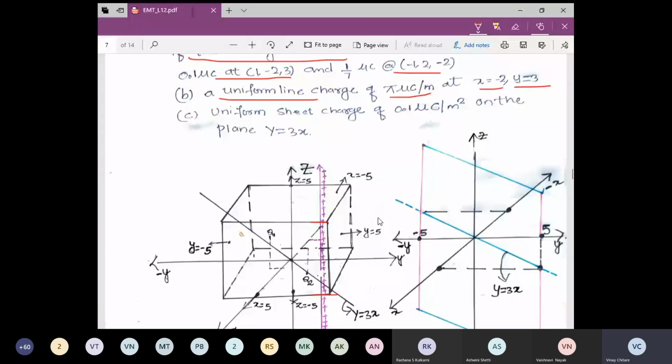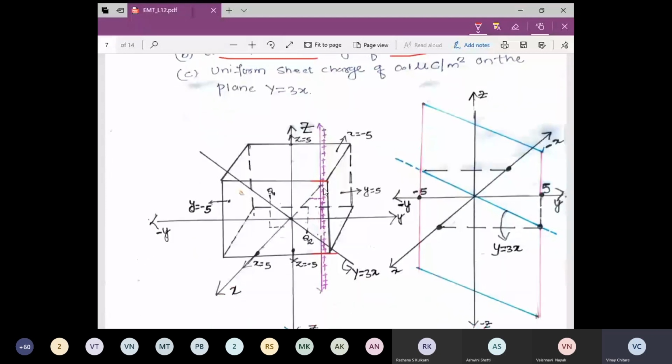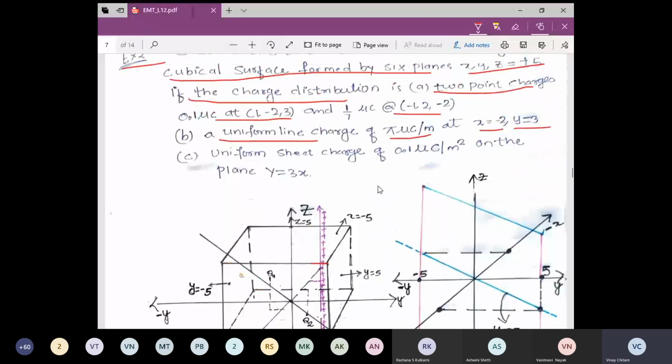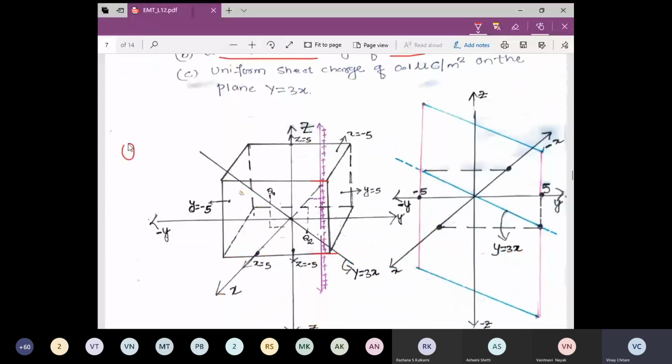It is easily understandable: the length is 10, because z is equal to 5 on the upper part and z equal to -5 on the lower part. Hence the Q enclosed by the line charge is rho L into 10, and the flux leaving that closed surface will be equal to Q enclosed. That is what we did in part B.